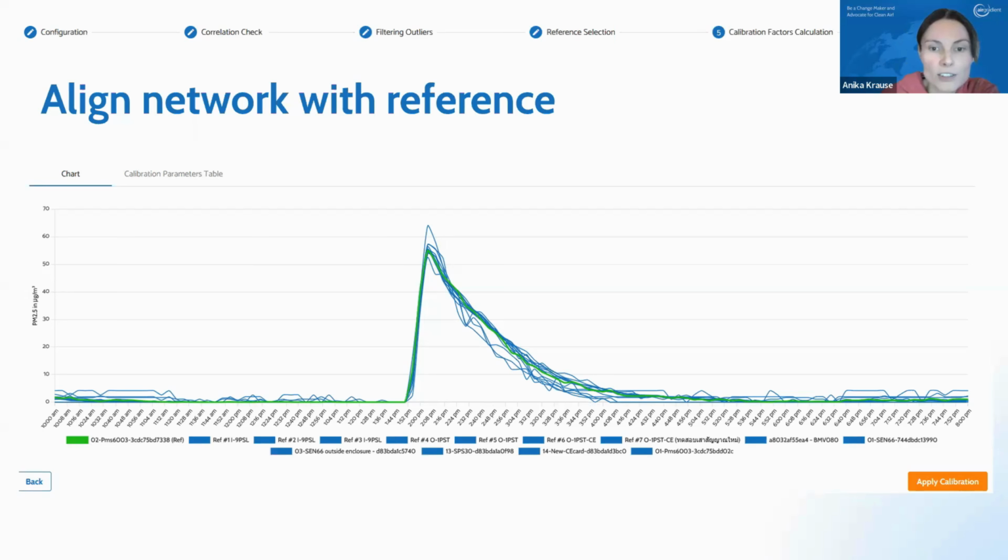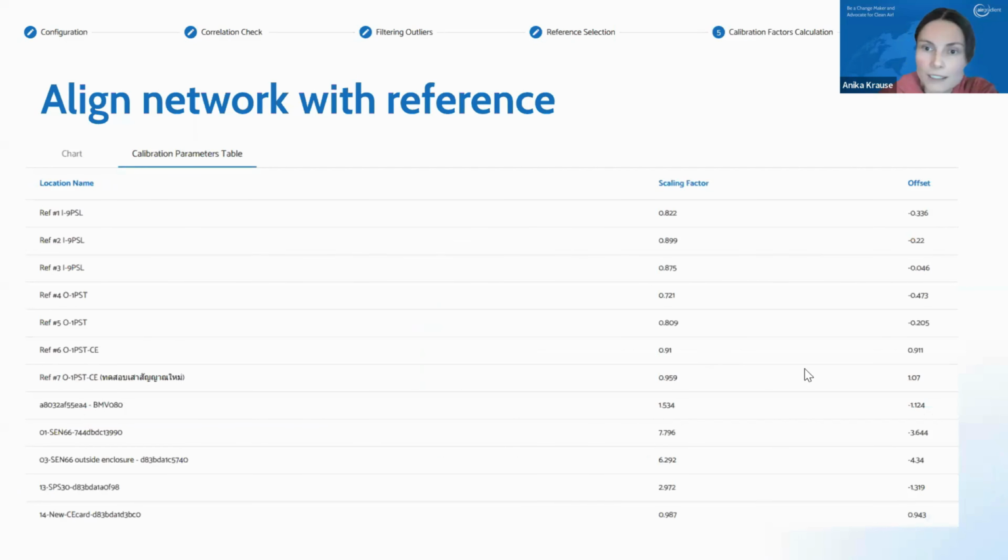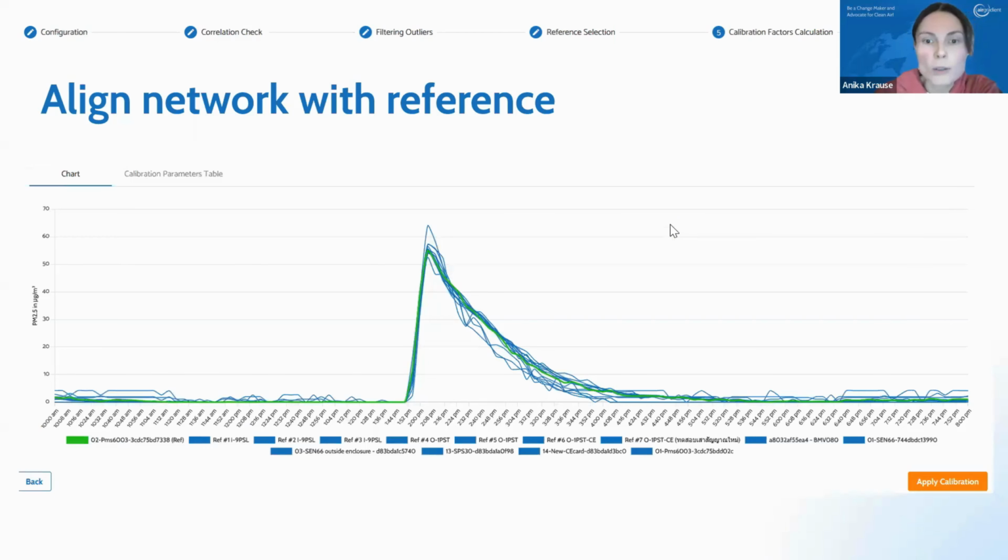For every sensor, the system calculates some parameters, these calibration parameters that can be applied to each sensor. And you can also download this table for later documentation, but you can also apply the calibration to the sensor network. And then, as before, from that point on, you would have these sensors calibrated with this tool in the dashboard and also when you download them.